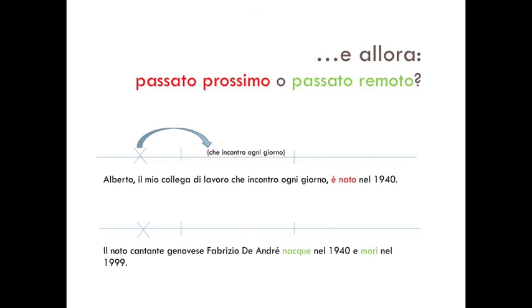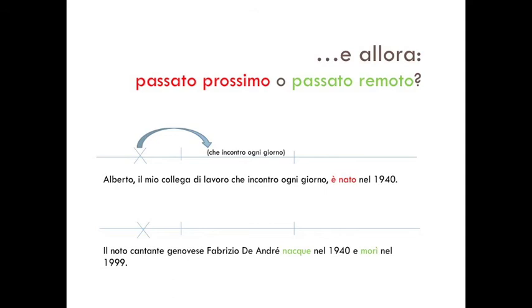This guy here, Fabrizio De André, really known in my area and in Italy, was born in 1940 and died in 1999. This is unbounded from the present. It doesn't have any connection with the present.